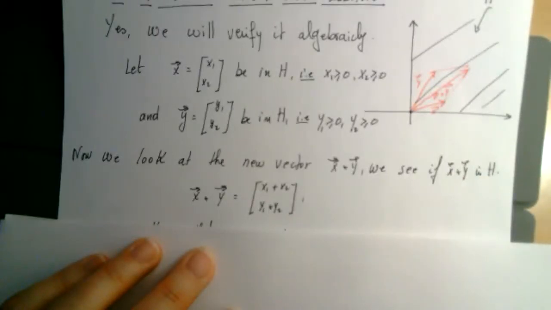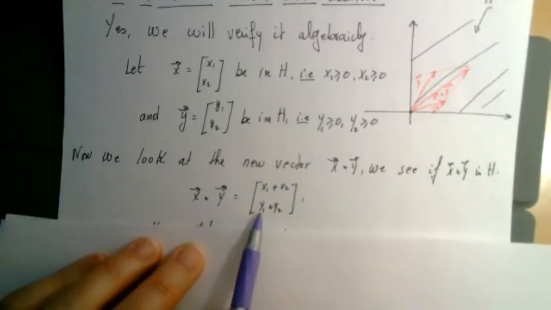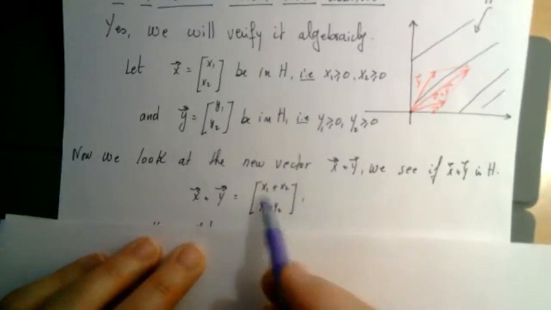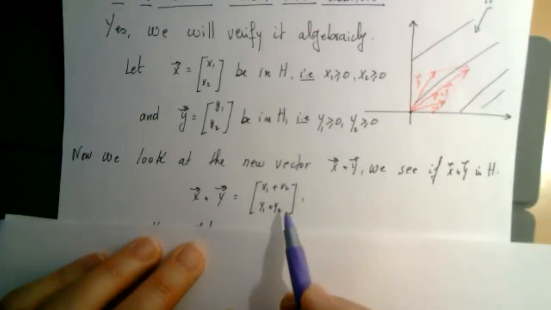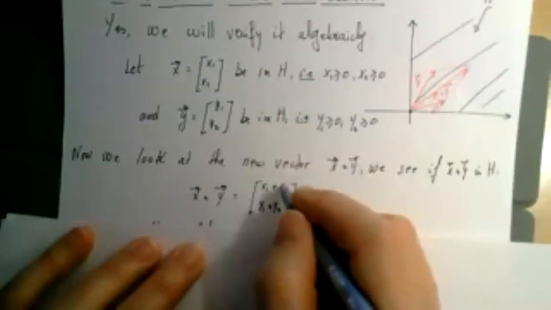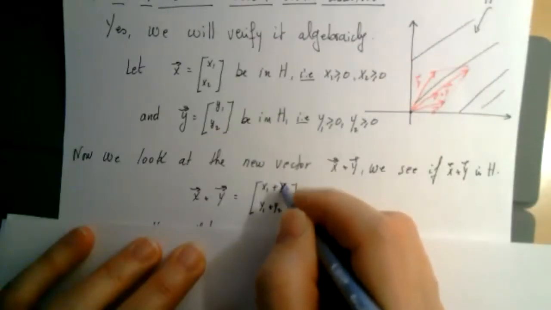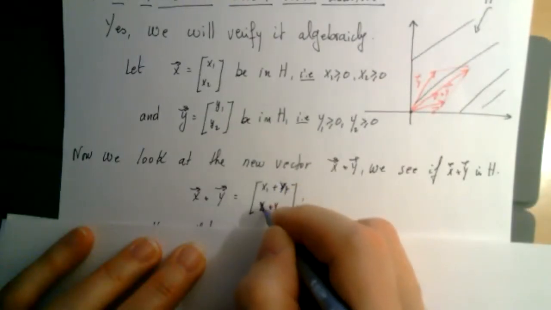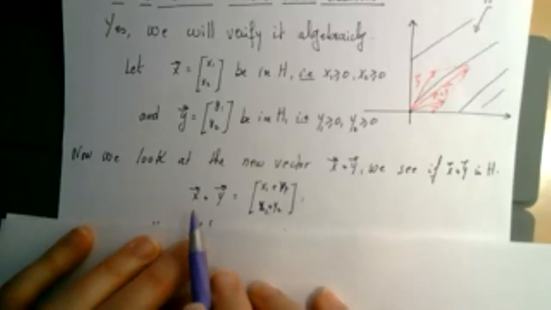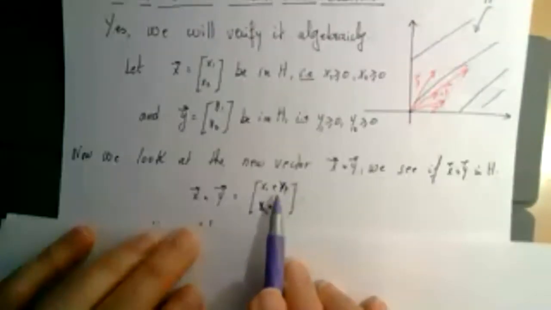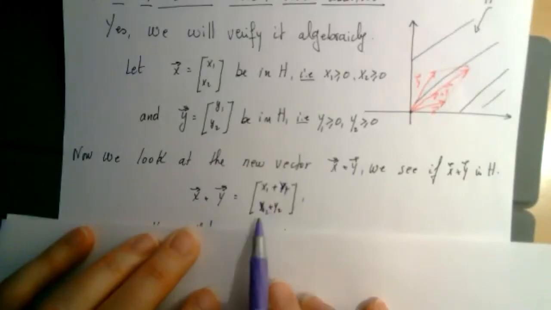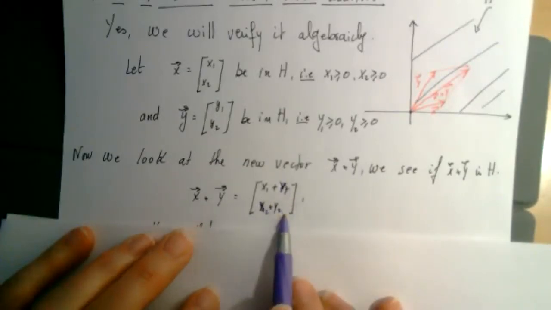We're done. Because initially x is in H, I'm starting with a vector x where x1 is positive, x2 positive, y1 positive, y2 positive.